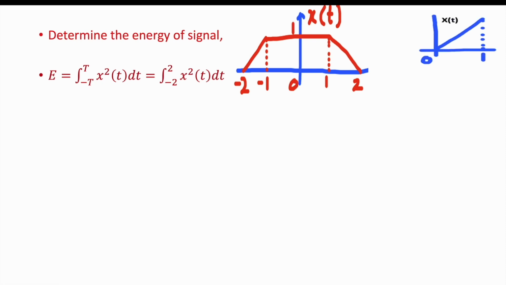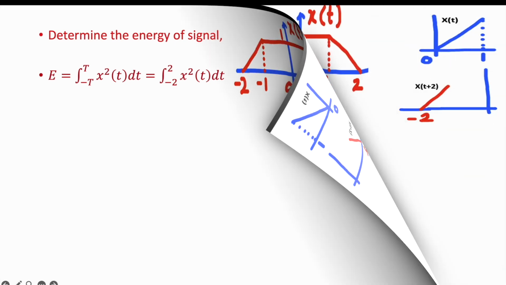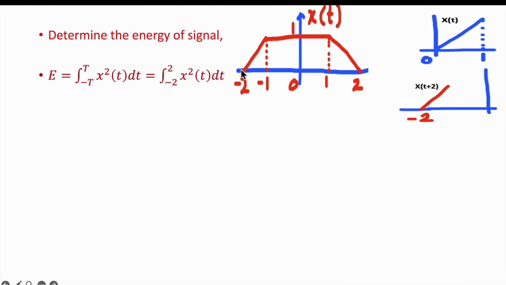From the graph you can say that from minus 2 to minus 1, it is a simple ramp function, but it is a shifted version, and the shift is 2. That is why t plus 2.